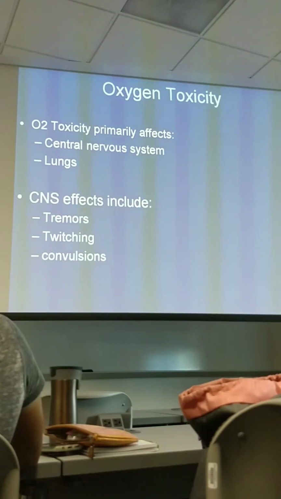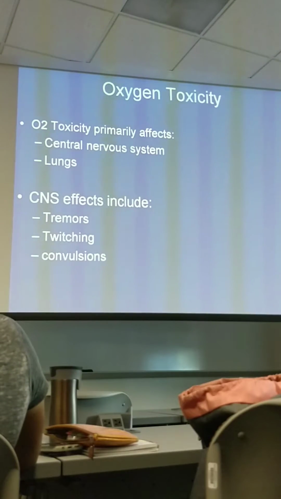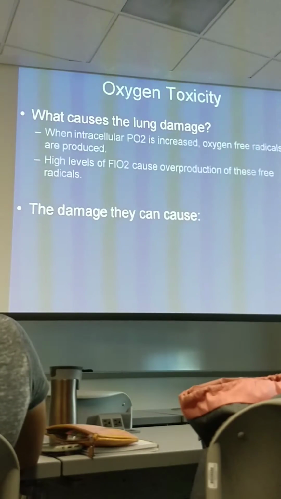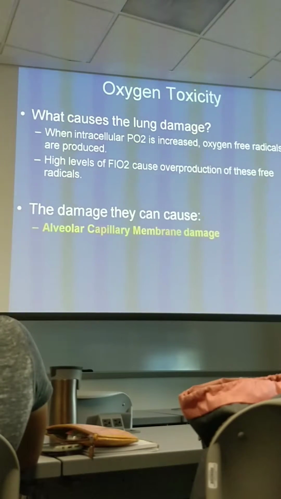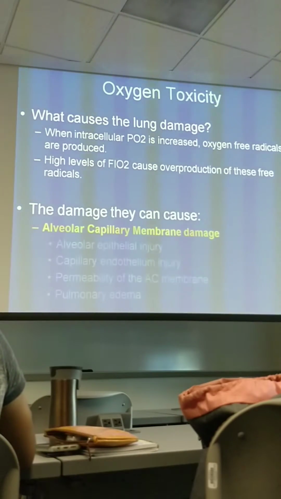We sometimes see that in hyperbaric chambers where we're delivering high amounts of oxygen at more than 1 atmosphere. Those can be the effects. Everybody good? In the lungs, it's the overproduction of the free radicals, and they cause alveolar capillary membrane damage.